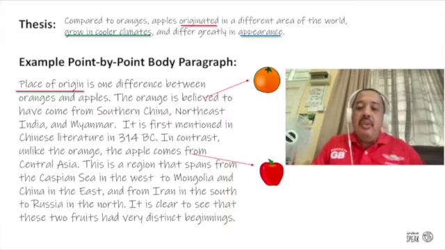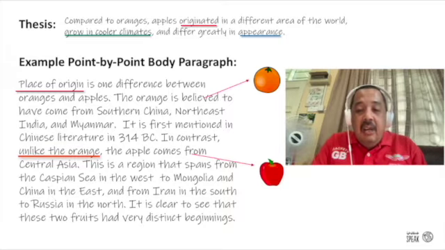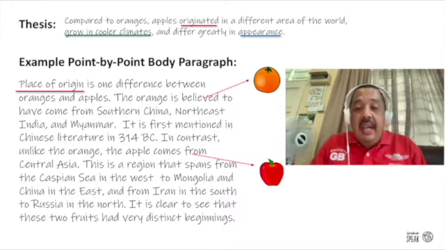Signal to the reader, they are going to show me a difference. And when I say in contrast, comma, unlike the orange, I'm telling the reader, hey, I know I just talked about the orange, and I'm going to tell you something about the apple that is different than this orange. I said the apple comes from Central Asia.